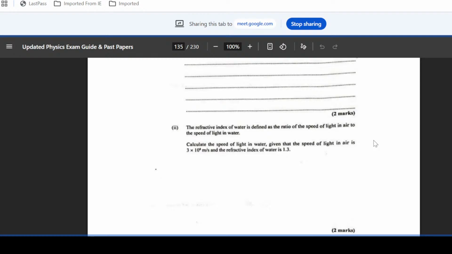And make sure your unit is at least in your final answer. So speed, meters per second, or ms to the -1, so don't leave off your units. Alright, so we looked at that.